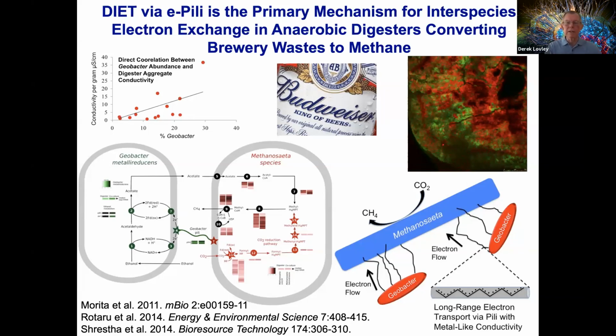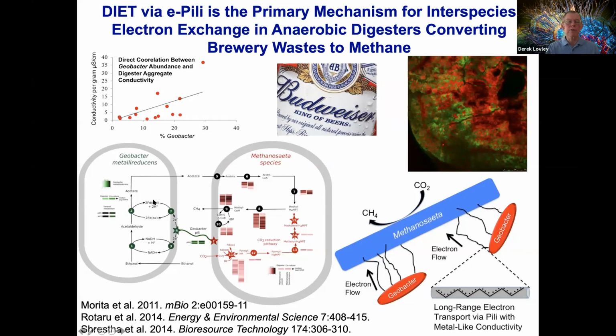And what we found routinely in these anaerobic digesters treating brewery waste was that Geobacter was the predominant bacterium, and the predominant methanogen was known at the time as Methanosaeta. It's now called Methanothrix, but it was a methanogen not known to use hydrogen to reduce carbon dioxide.